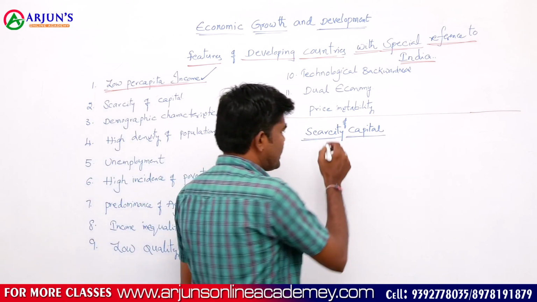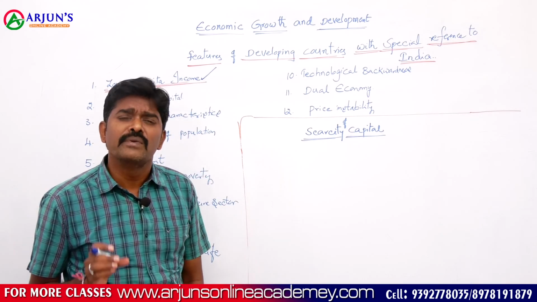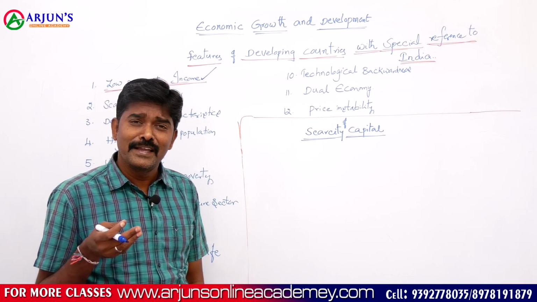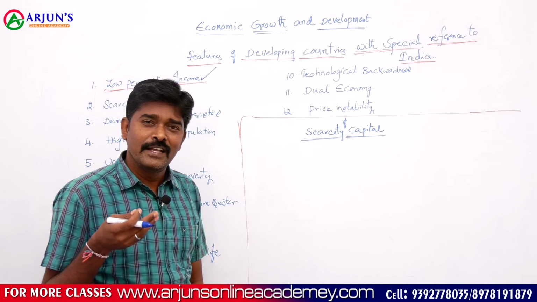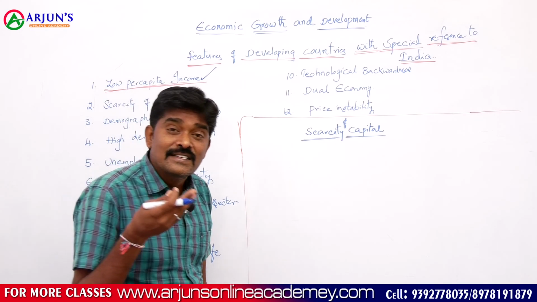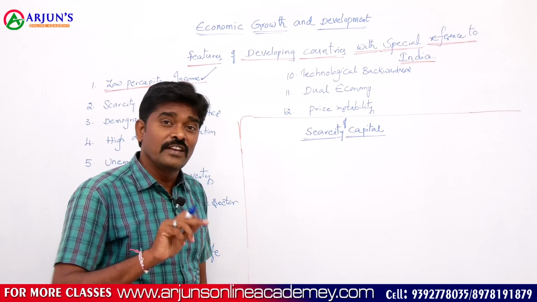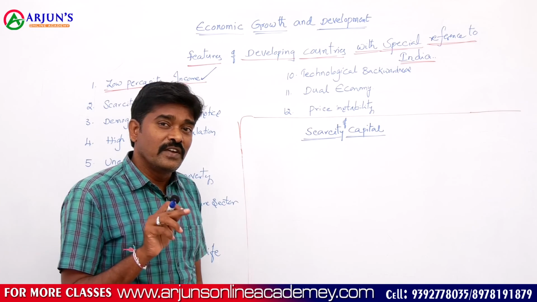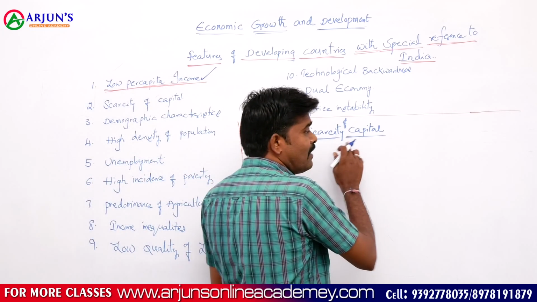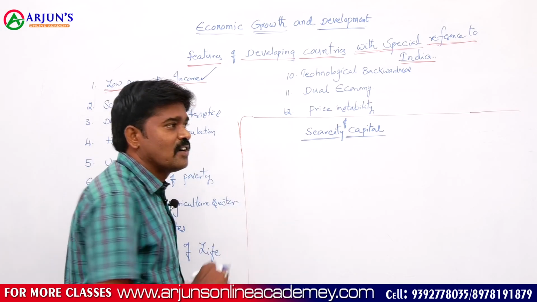Why is there low capital formation? Because unemployment and poverty are very high, people are unable to save, so the saving ratio is less. Whenever the saving ratio is less, it is very difficult to achieve capital formation, leading to scarcity of capital.